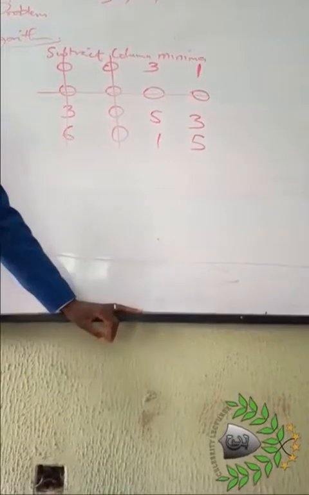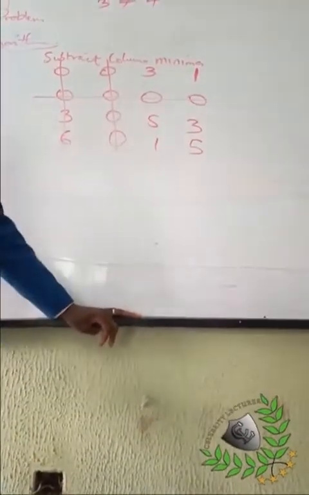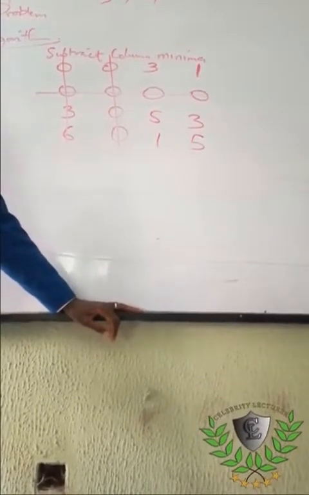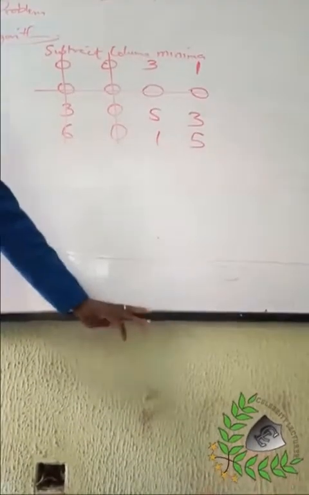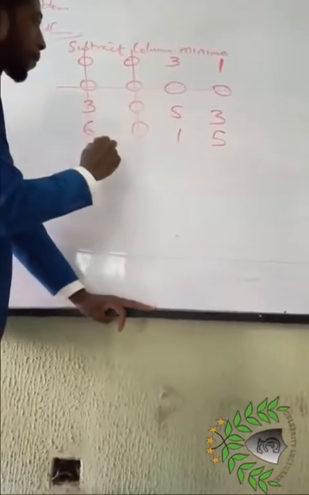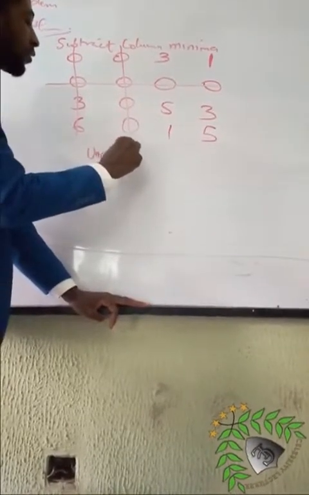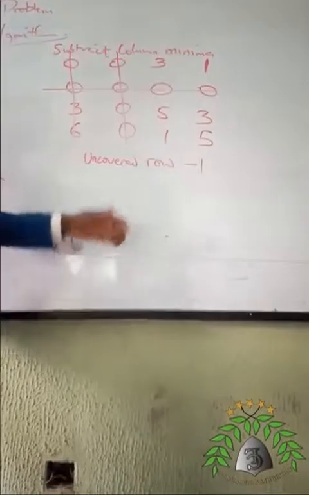The minus 1 is coming from the lowest cost that is not covered. So the uncovered rows, how many rows do I have? I have 4 rows. 1, 2, 3, 4. How many rows did I cover? Only 1. So that means I will subtract 1 from every row that is not covered.